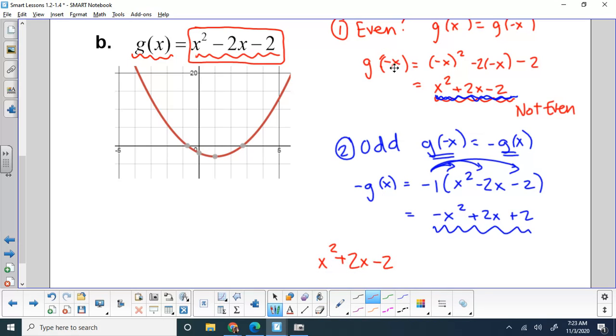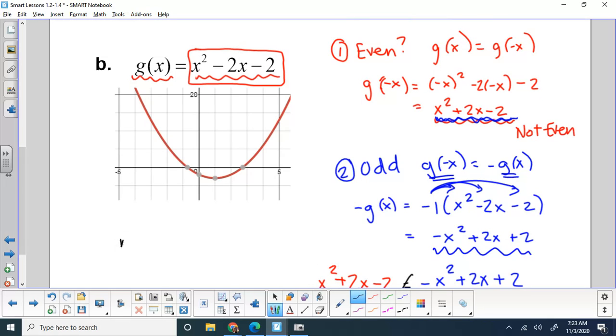That's g of negative x. And we're going to ask, is this the same as the blue function, which was negative g of x? Sometimes writing them side by side helps students see it better, but you should tell me, no, these are not the same. So therefore, it is not odd. And if it's not even and it's not odd, then it is going to be neither.